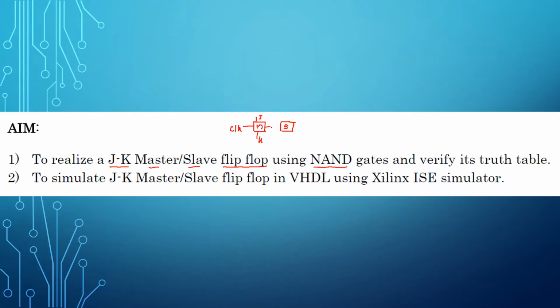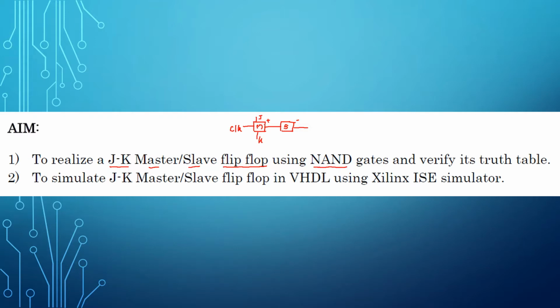The master will be storing the data during the positive edge of the clock, and the slave will receive the same data present in the master during the negative edge. In simple words, these flip-flops act as master and slave in different clock cycles. If the master is working during the positive edge, my slave is going to work during the negative edge of the clock.